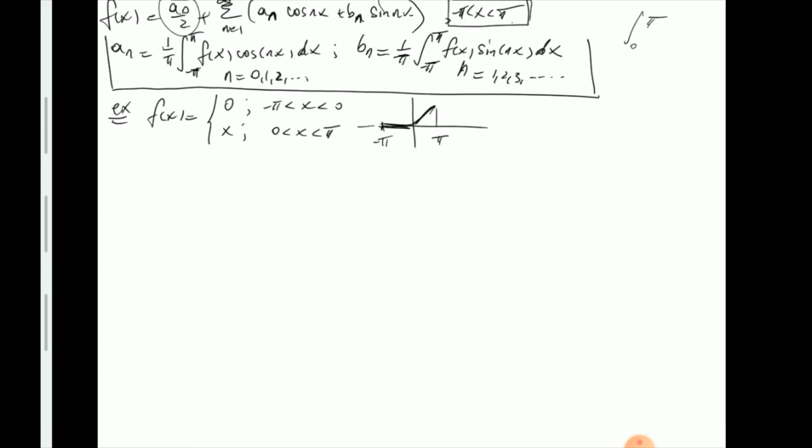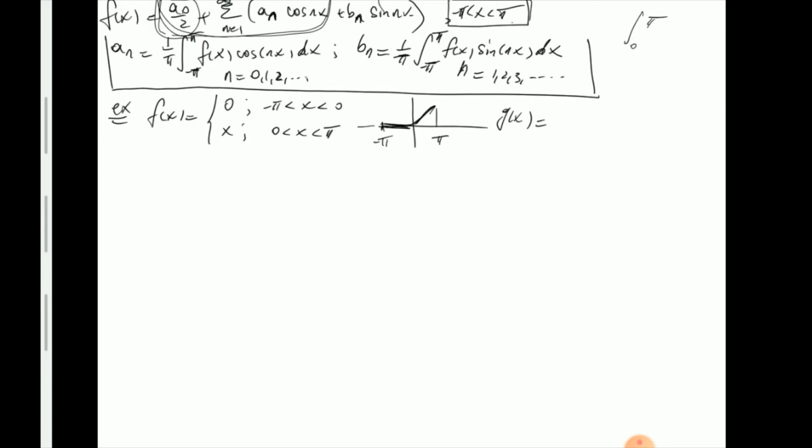So let's come up with the even part so that hopefully we can find from the table the Fourier cosine series for the even part and then the odd part. When you have a piecewise defined function, you have to be a little bit careful not to make a mistake when you combine these functions.